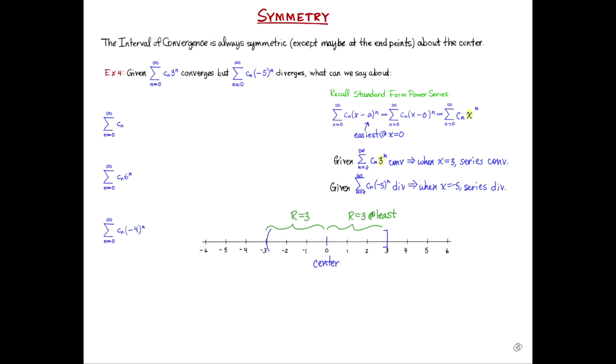That means on our number line, let's put a closed bracket at x equal to negative 5, and our series is going to diverge for all values of x less than or equal to -5. By symmetry, then, that means whenever x is greater than 5, the series also has to diverge.